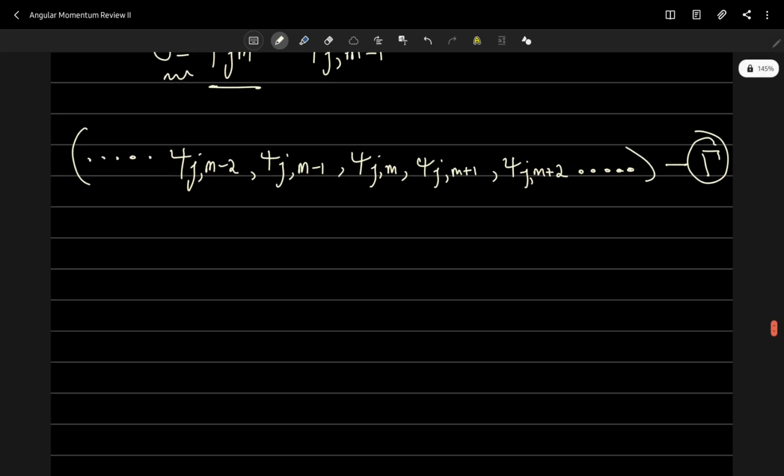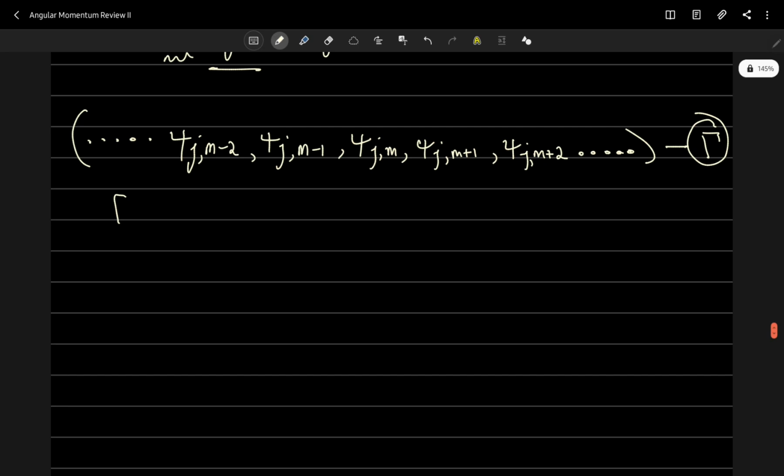Now we know that since the commutator of j squared and jz is 0, it vanishes, what that means is that these two operators have common eigenfunctions. So they share the same eigenfunctions if this commutator is 0.